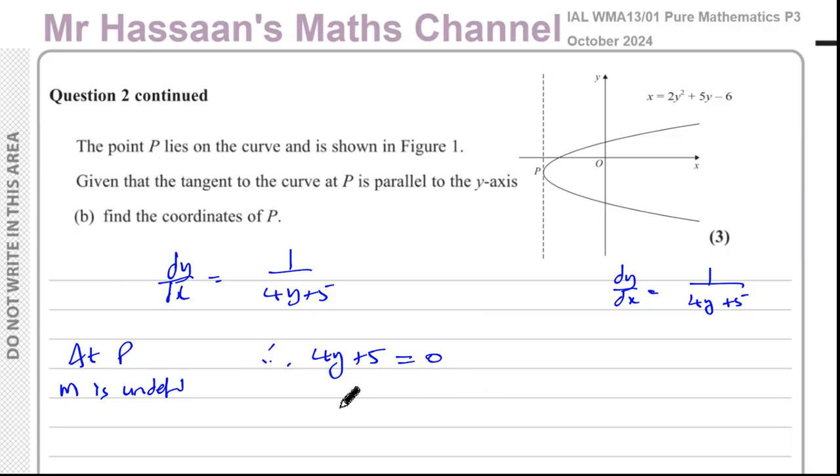So 4y is equal to negative 5, so y is equal to negative 5 over 4. That's the y coordinate.